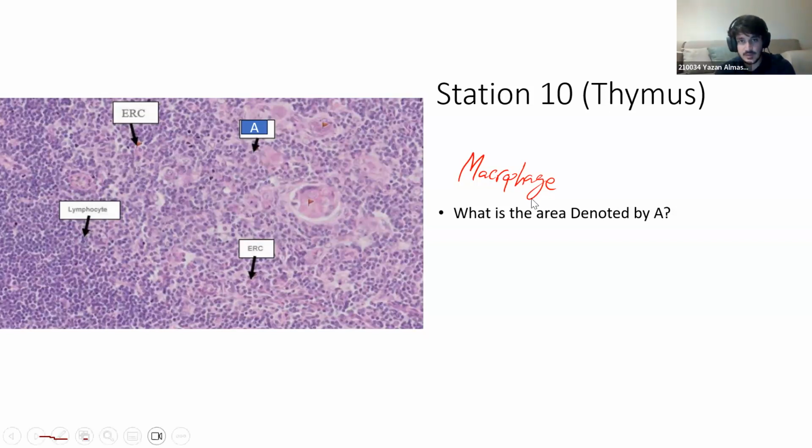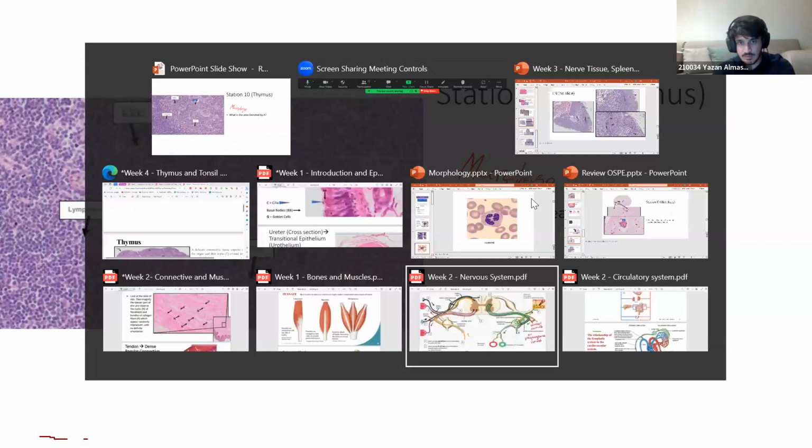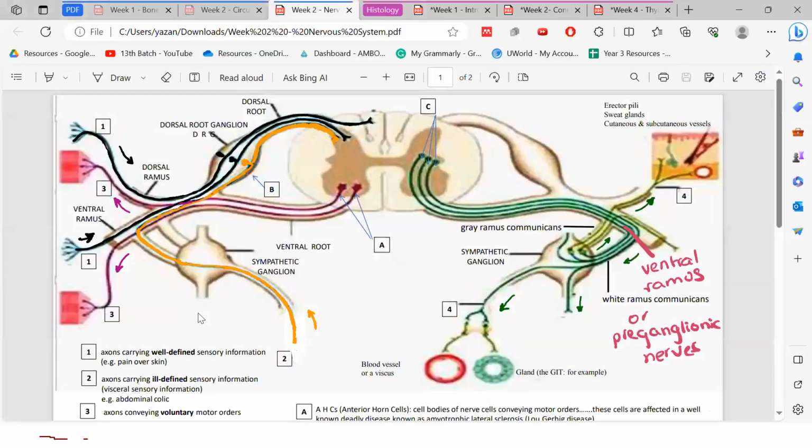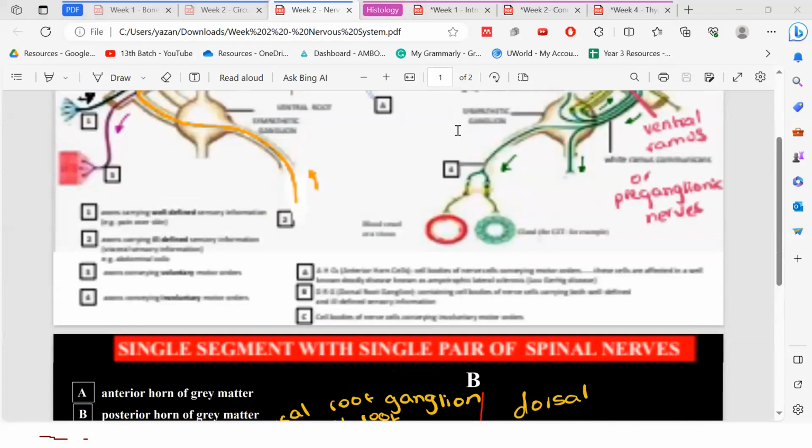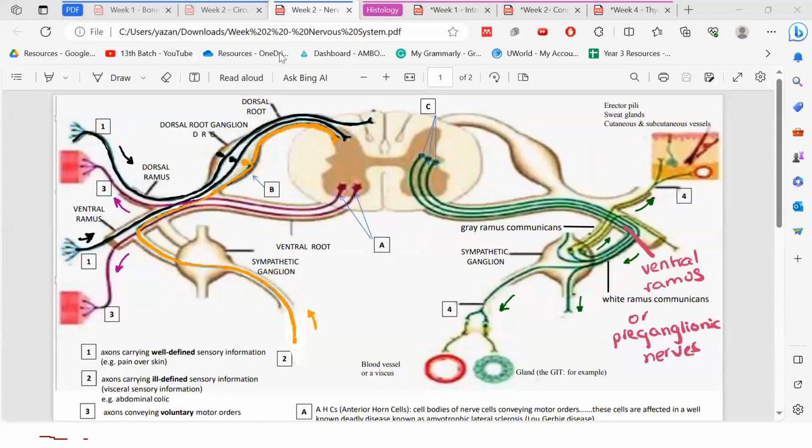Okay, it's in my tabs. This one? Yes, this one. Okay, what about it? The nerves, the preganglionic.